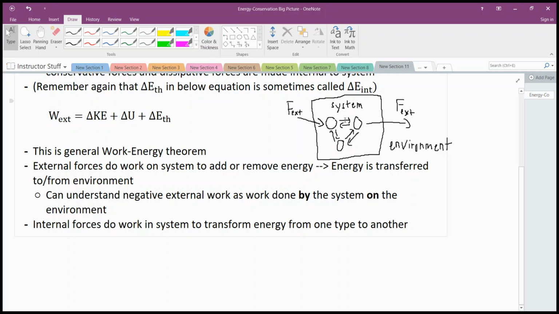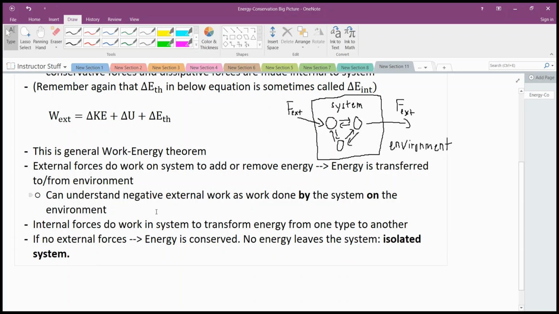So we have forces acting inside our system to transform potential energy into kinetic energy and back and forth again. We have dissipative forces acting on the particles in our system to transform the kinetic energy and maybe the potential energy into thermal energy, internal energy.